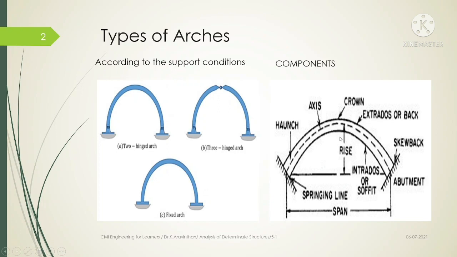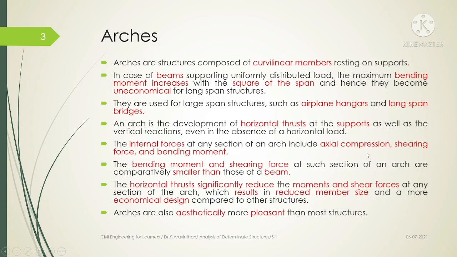So this tension and compression force combination reduces the bending moment. If you place a beam horizontally and apply any force, naturally the bottom of the beam will be having tension and the top of the beam will be having compression. But in the arches, you are making the bottom portion a compressive member, and automatically it reduces the net bending moment.